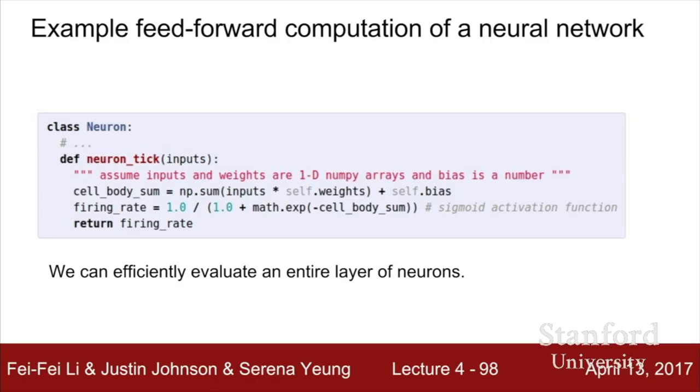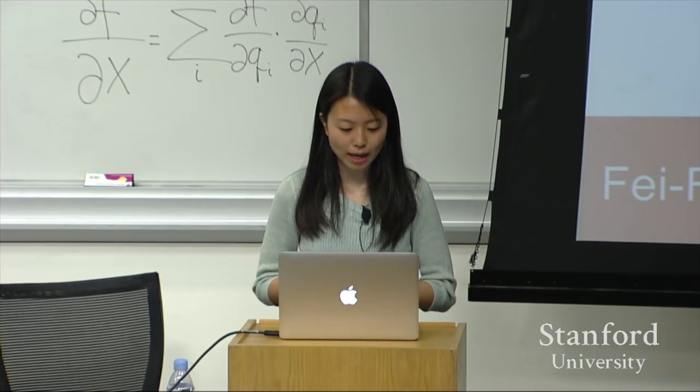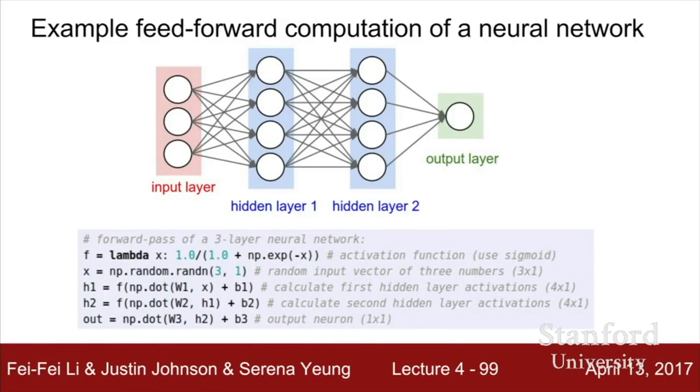By writing it out this way with these matrix multiplies to compute our neuron values, we can efficiently evaluate this entire layer of neurons. So with 1 matrix multiply, we get output values for a layer of, let's say, 10 or 50 or 100 neurons.